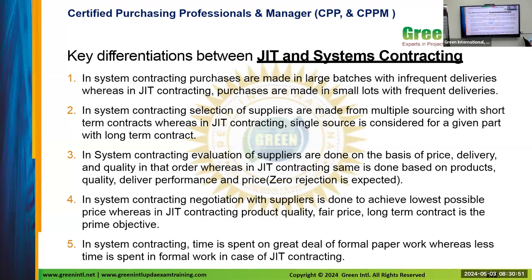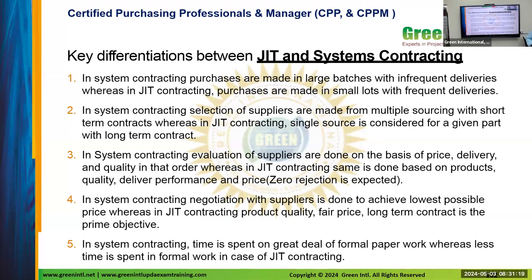In system contracting, evaluation of suppliers is done on the basis of price, delivery, and quality, in that order, whereas in just-in-time contracting, it is done based on product quality, delivery performance, and price. Zero rejection is expected. So the evaluation is almost similar. The only thing is, in just-in-time, the rejection should be almost zero.